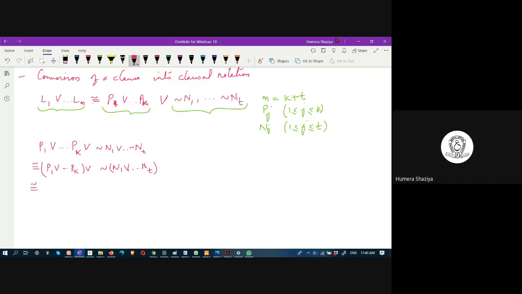This is equal to N1 and N2 and up to Nt implies P1 union up to Pk.